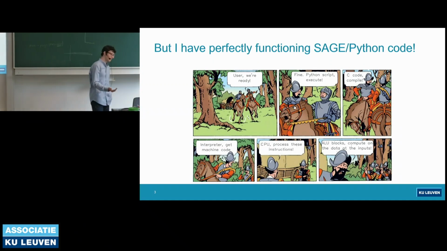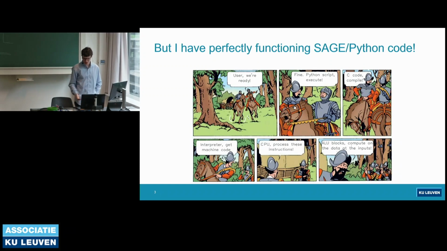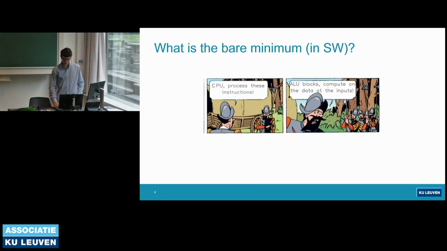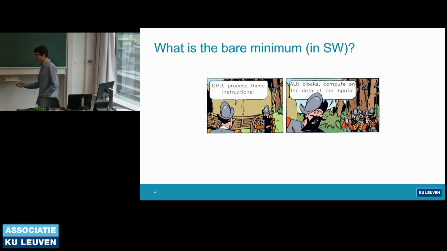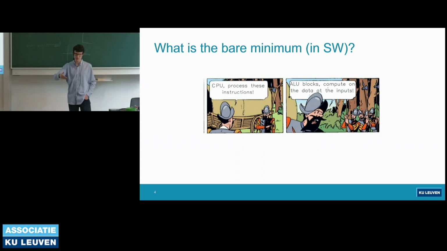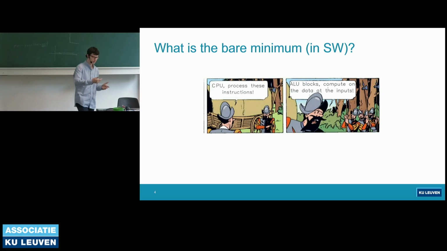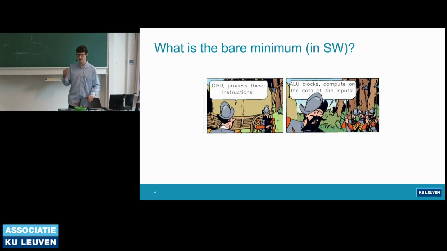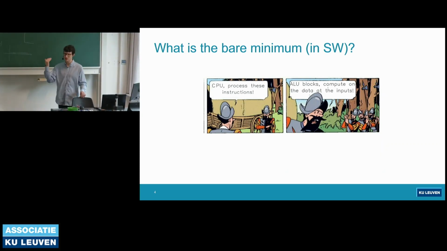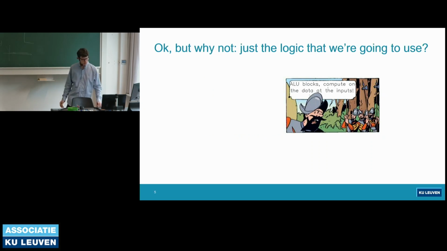Well, really, if you want to save energy, if you want to be efficient, in software, you can just write machine instructions, but then still your CPU, the chip that it's running on, is still doing instruction fetches. It's still decoding these instructions. It's still doing fetches from memory. And you're only interested in the modular arithmetic. You're only interested in just doing this one multiplication or this one addition. You're not interested in all the other stuff that's just administrative overhead.